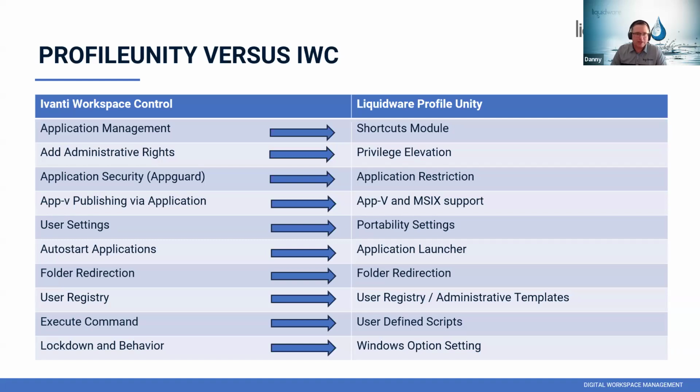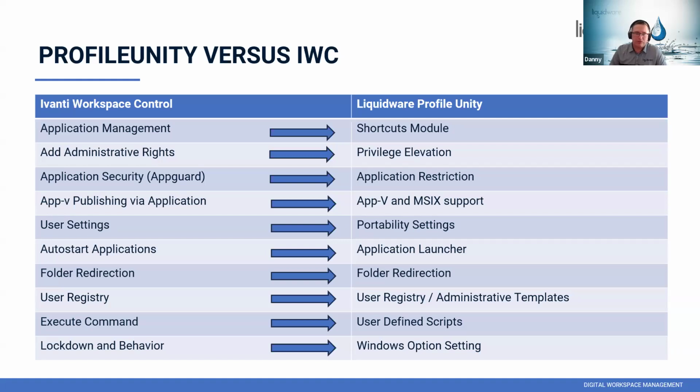Then, of course, the app guard. We have that also available within ProfileUnity, and that's called application restrictions, which gives you the ability to allow executables and deny executables. Then I mentioned that before: we have AppV publishing via application, and we even have that in ProfileUnity.